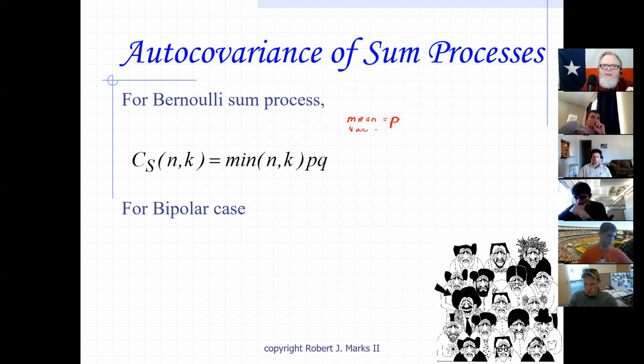The variance of a Bernoulli trial is equal to p times 1 minus p, and often we call this 1 minus p a q. That's common notation. So for a Bernoulli sum process, the autocovariance is equal to the minimum of n and k times pq. Now, this is a Bernoulli sum process, assuming that all of the probability mass is either at 0 or 1.